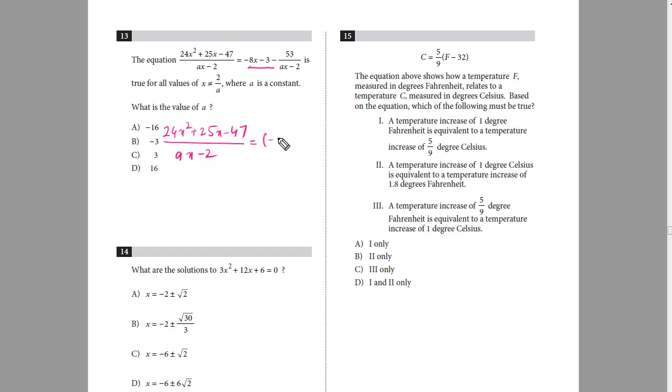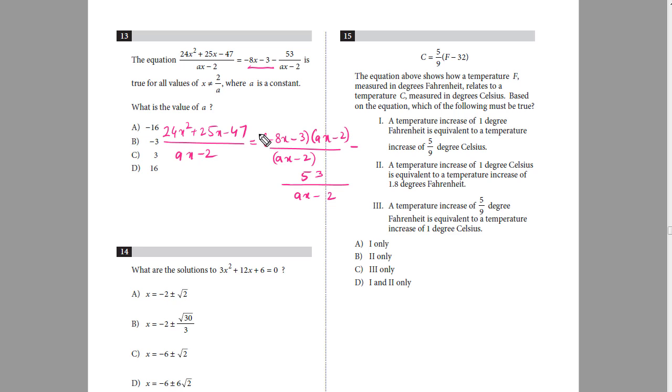So (negative 8x minus 3) times (ax minus 2), and I'll divide it by (ax minus 2) as well, minus 53 over (ax minus 2).